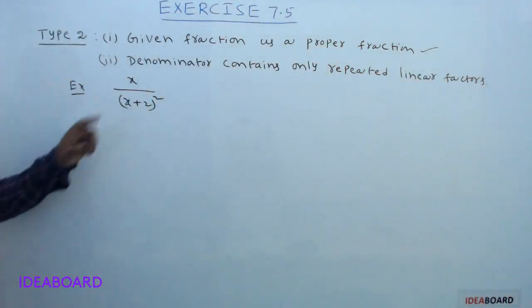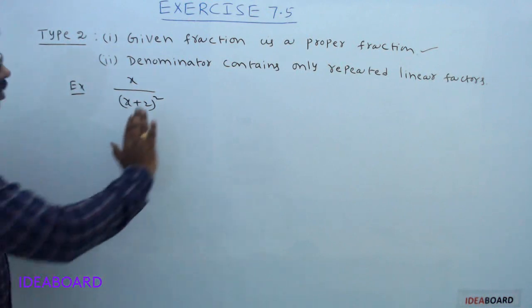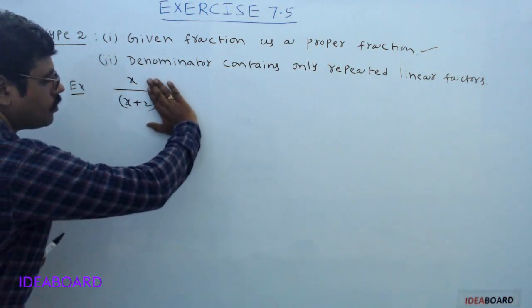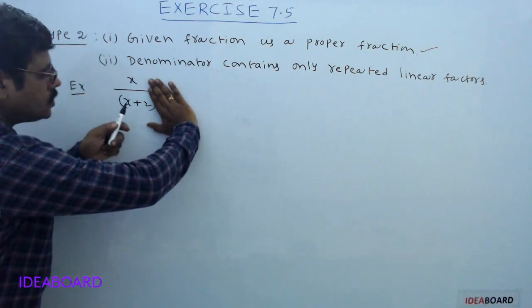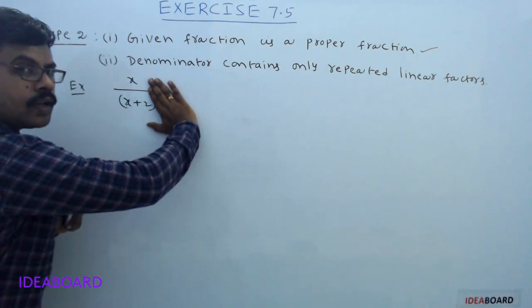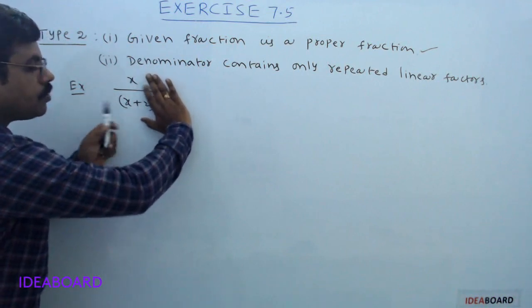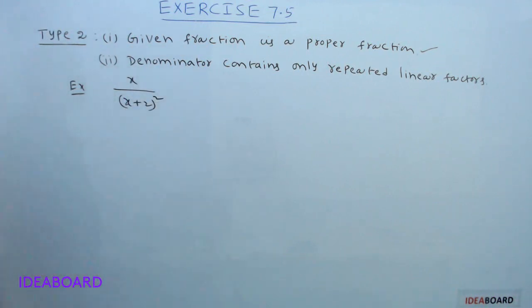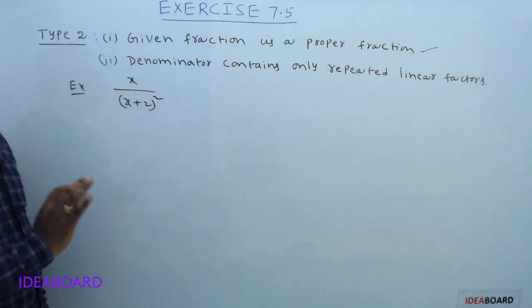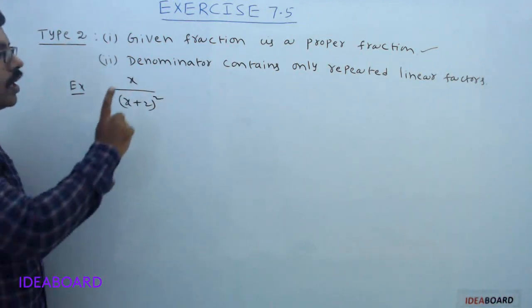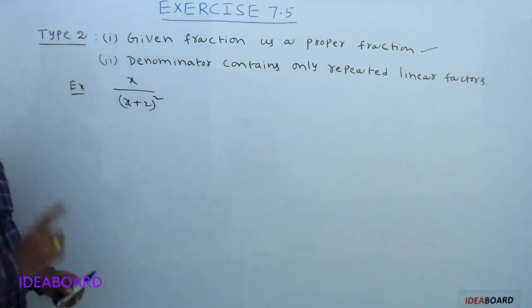Then, observe the denominator. If you ignore the power, it is a linear factor because its degree is 1. How many times is it repeated? 2 times. So, it is called a repeated linear factor.